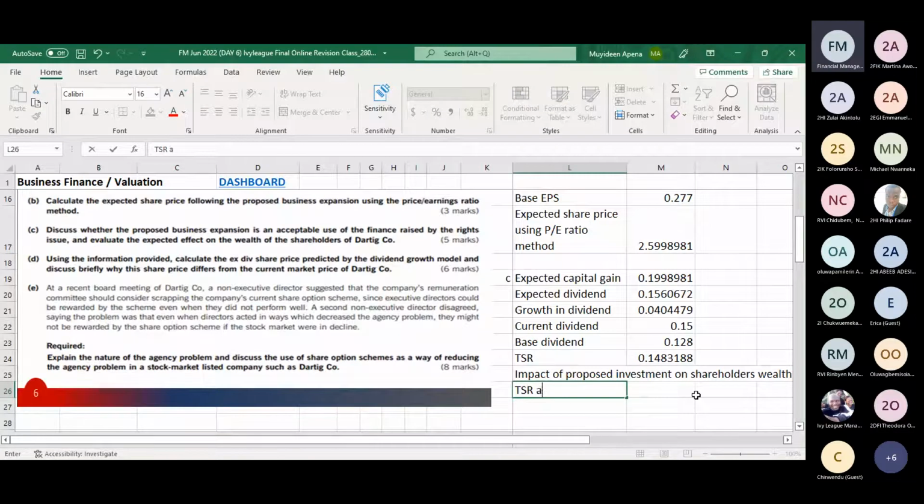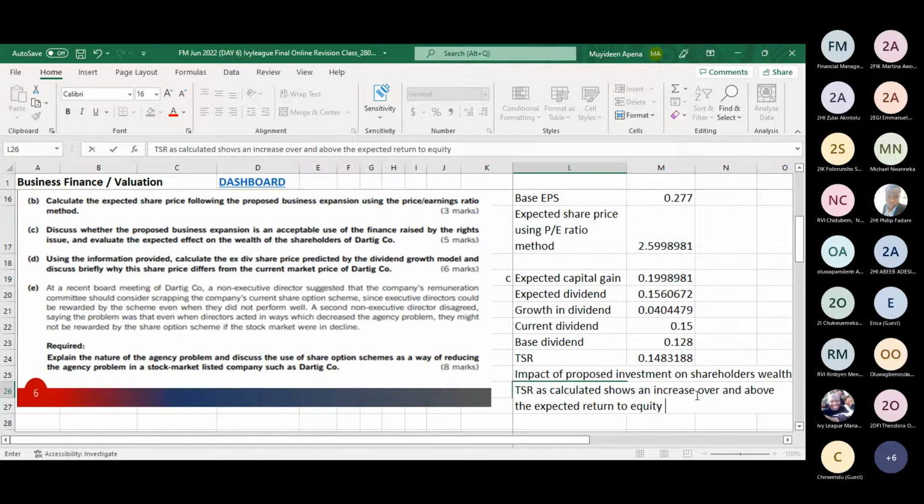So total shareholders' return as calculated shows an improved return, or an increase, over and above the expected return to equity from 10% to what? 14.83%. This means the investment.